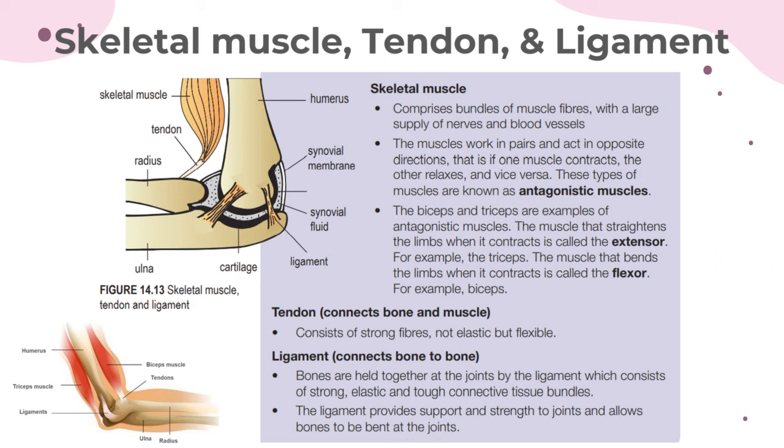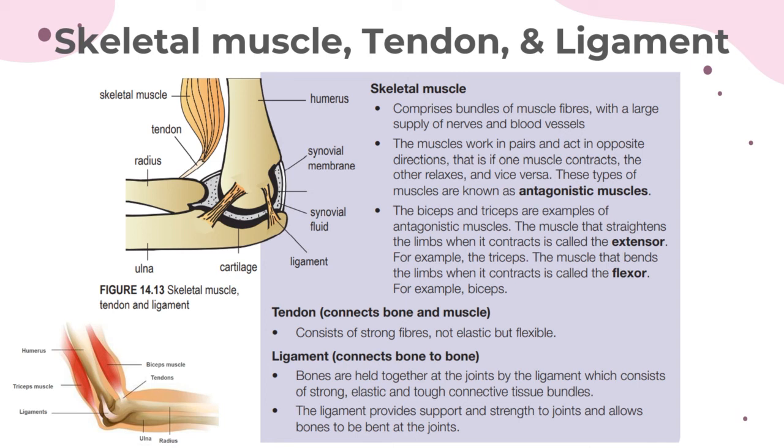So during bending our arm, the bicep contracts, so the bicep is called a flexor. It refers to the muscle that bends the limb when it contracts. Okay, so that is a new term for you.